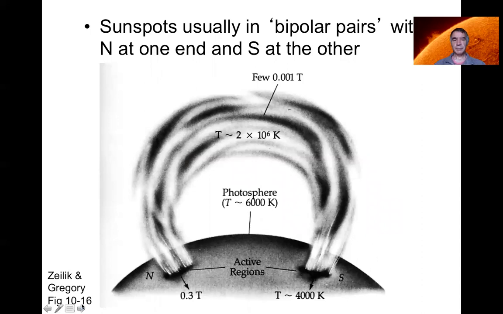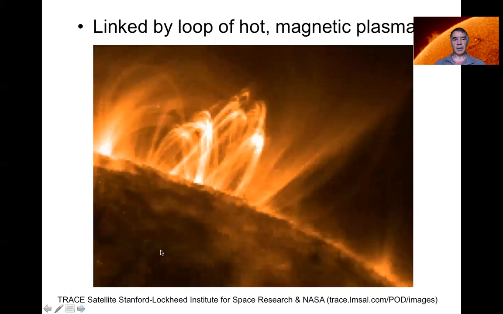So here's another image, not from the optical now. This is again from the TRACE satellite, showing an extreme ultraviolet image, so high resolution. This is the edge of the sun here, so we're close up into the edge of the sun, and you can see these loops going up and down.